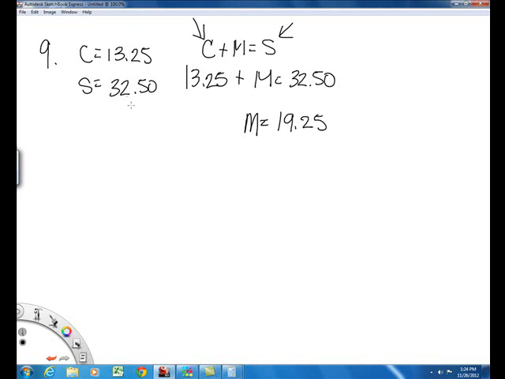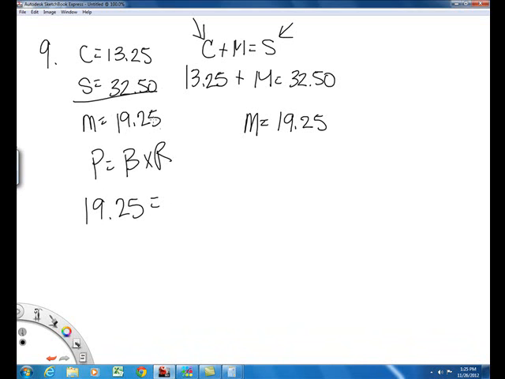Now I have my mark on amount, my cost, and my selling price, and it wants to know, based on my selling price, what is my mark on rate? So my percent equals base times rate. My percent is my mark on amount, so 19.25. My base in this is 13.50, and I'm still looking for that mark on rate.